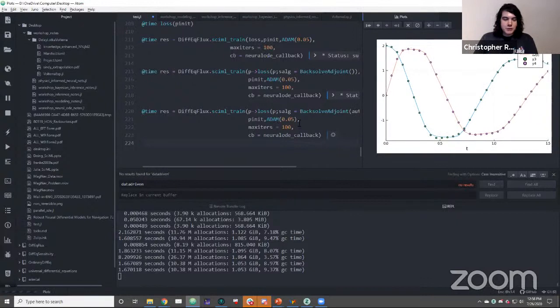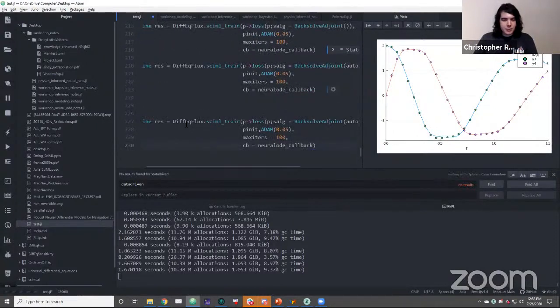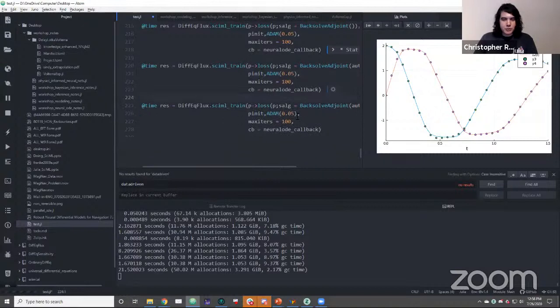This version of VJP is not compatible with GPUs, but in a lot of cases with CPUs, it can do better. Now you'll see that in the standard setup, it does not do as well.